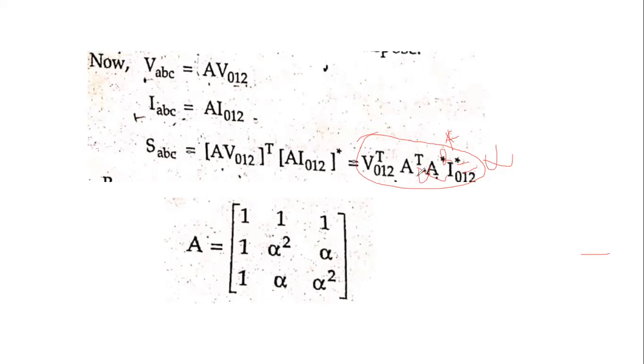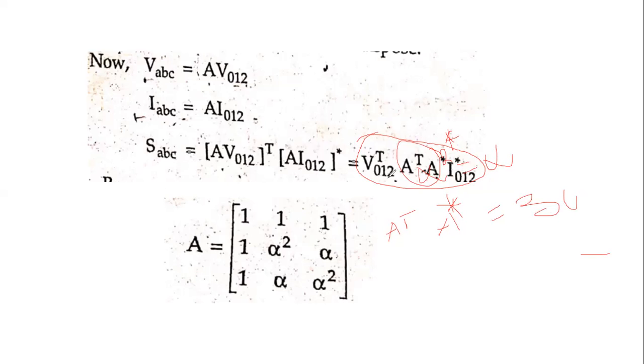In this case, we substitute A transpose into A conjugate equal to 3U.